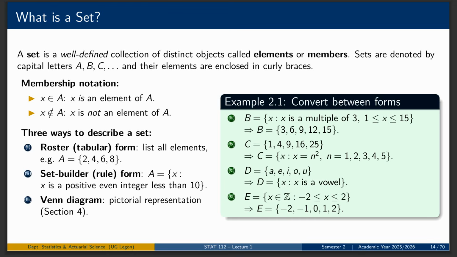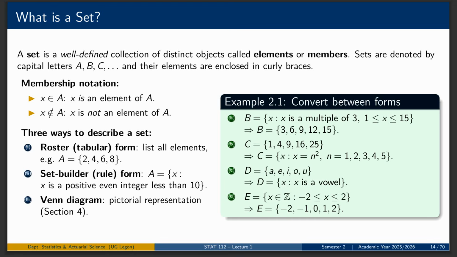In this case, I give a description, and you should be able to infer from this description what the elements, or the members of the set, are. So A can also be said to be: X is a positive even integer less than 10. Then that will also be the same as listing 2, 4, 6, and 8.